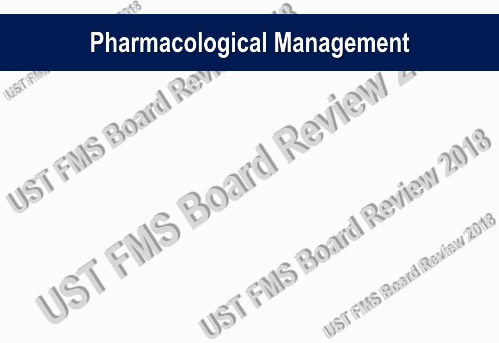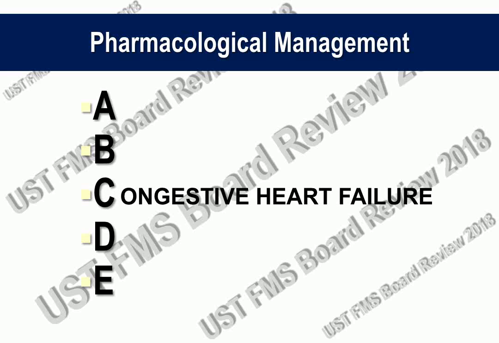So when we go to the pharmacologic management, just like the therapeutic strategy for hypertension, I also represent this with the first four letters of the alphabet. But of course, the letter C stands for congestive heart failure.